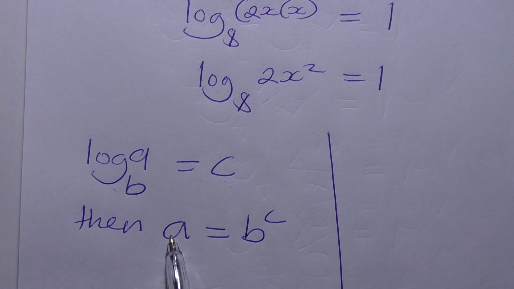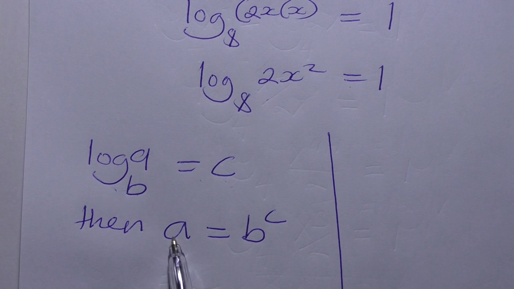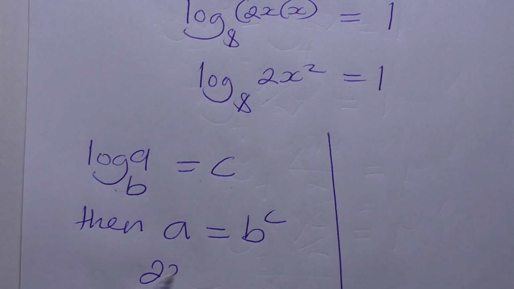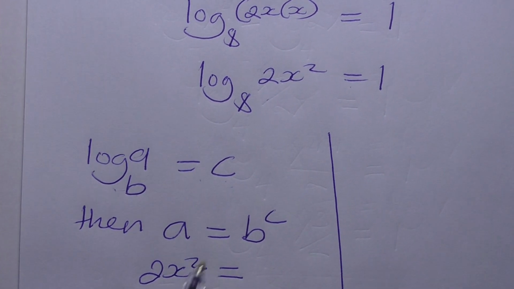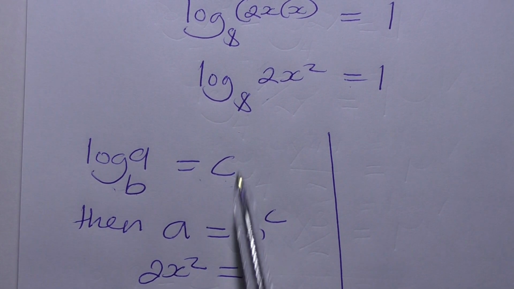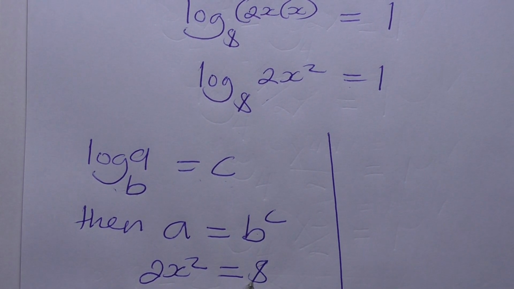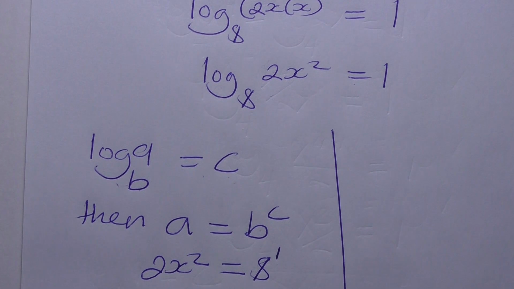Therefore, we are substituting: where there is A, we write 2x squared equaling, where there is B, we write 8 power 1.